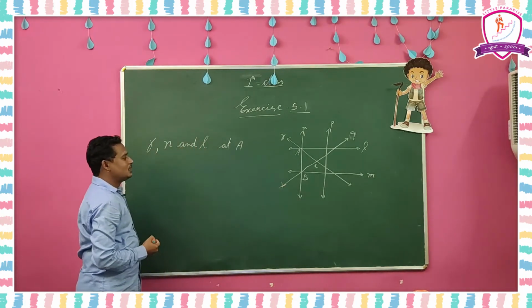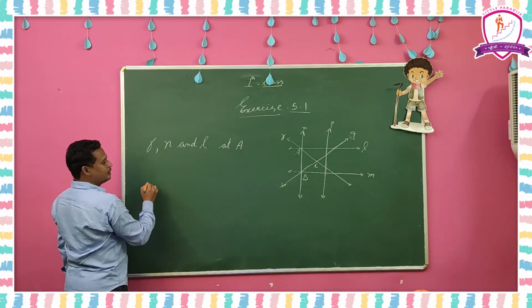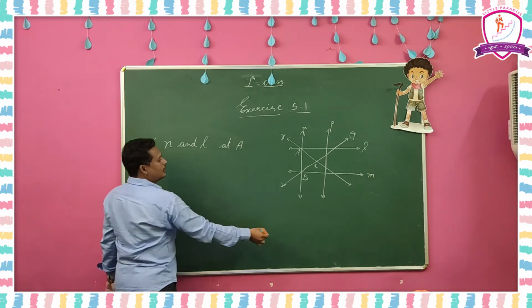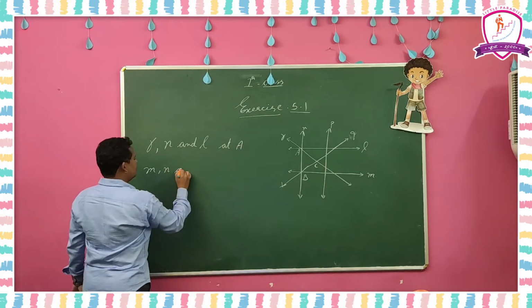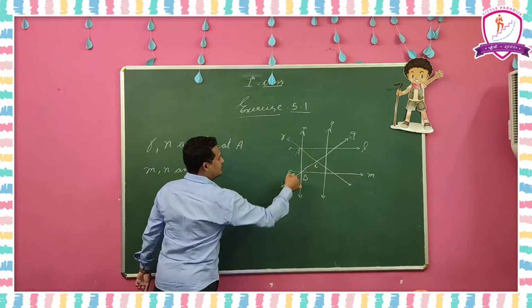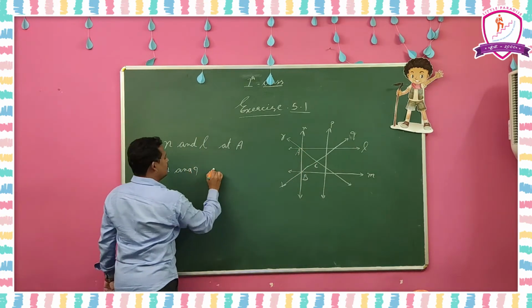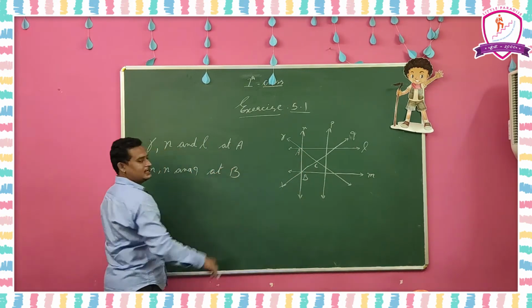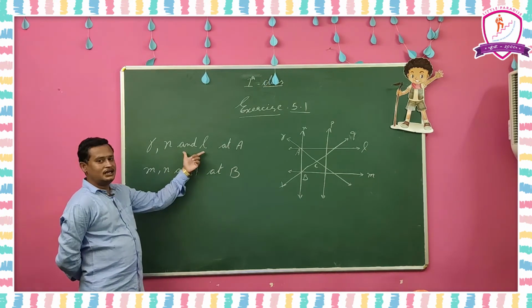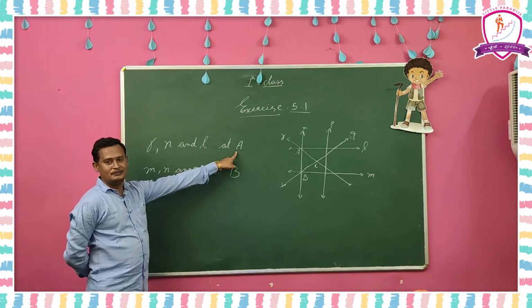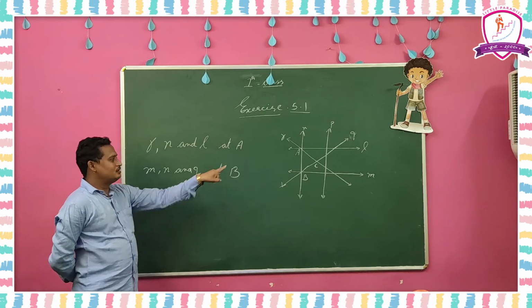So which lines are concurrent there? At B, M and here N, and here the cross line is Q at B. Like this you have to write. These are the concurrent lines and this is the concurrent point. Understood? Like this you have to complete that one.